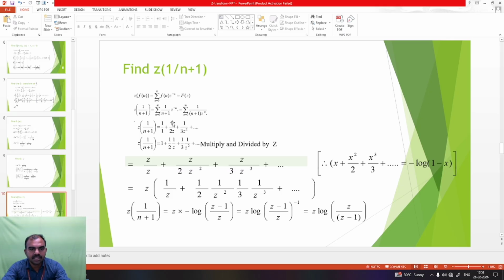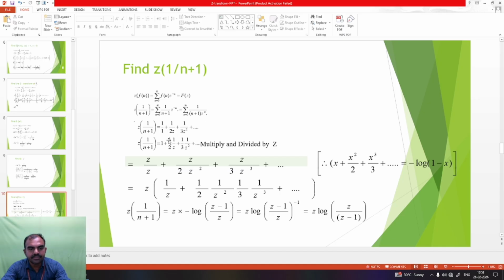Next, find z of 1 by n plus 1. Already we know 1 by n. Here now 1 by n plus 1. So z of f of n is the summation of n equal to 0 to infinity f of n z power minus n. That is our f of z. Right. Then z of 1 by n plus 1 is the summation of n equal to 0 to infinity 1 by n plus 1 z power minus n. Z power minus n goes to the denominator, z power plus n.